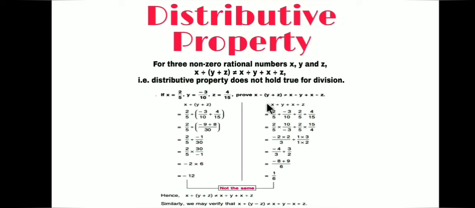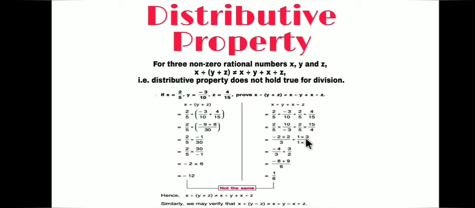When we expand the bracket, we get the value as x divided by y plus x divided by z. Okay, we will substitute the values of x, y and z. This becomes 2 upon 5 divided by minus 3 upon 10 plus 2 upon 5 divided by 4 upon 15, which is equal to 2 upon 5 into 10 upon minus 3 plus 2 upon 5 into 15 upon 4.